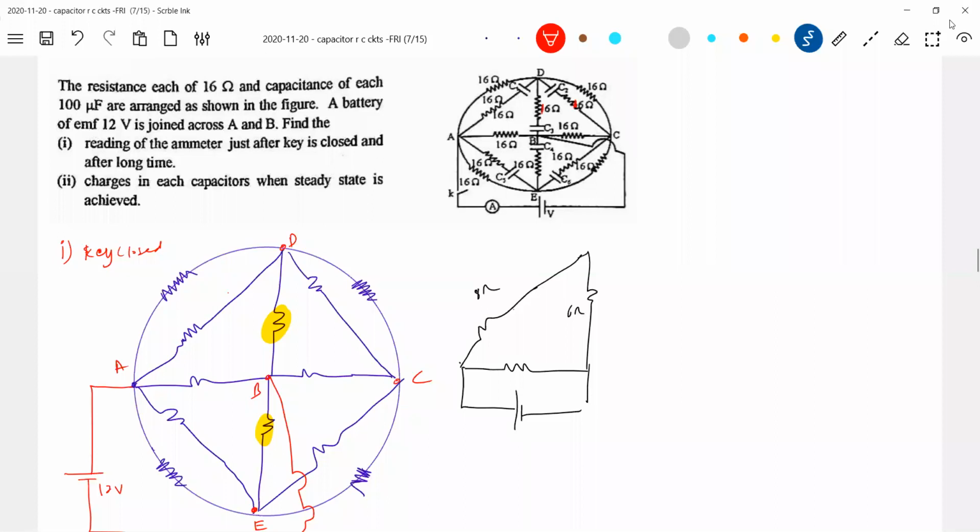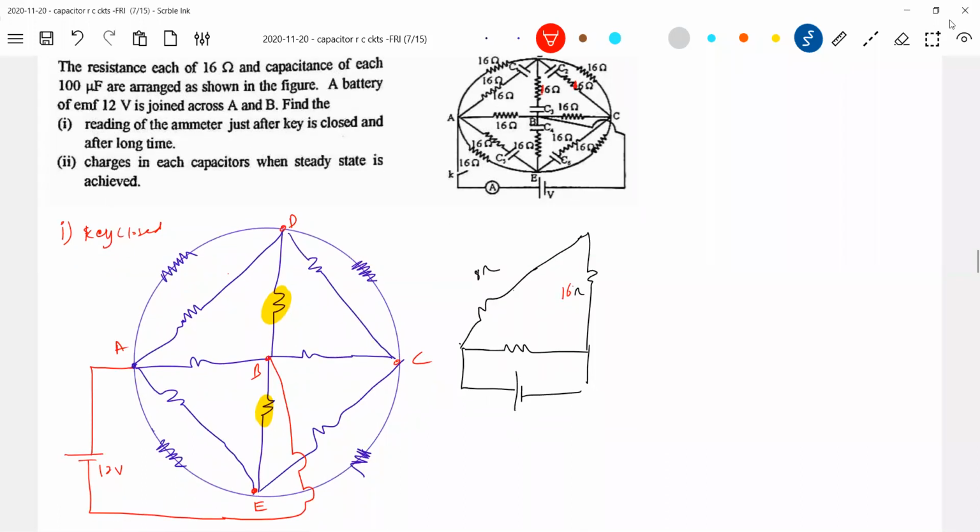Just make observation. All the resistances are 16 ohm only. This will be again here we'll get 8 ohm, 16 ohm, 16 ohm.